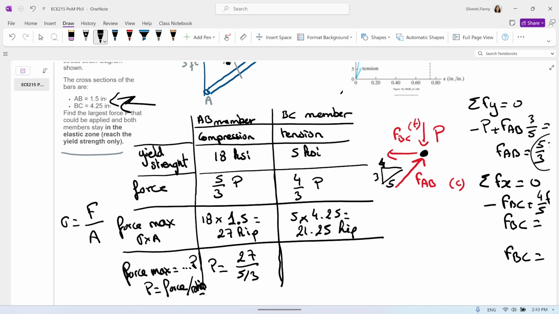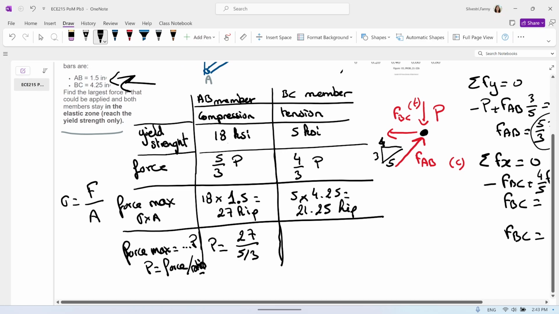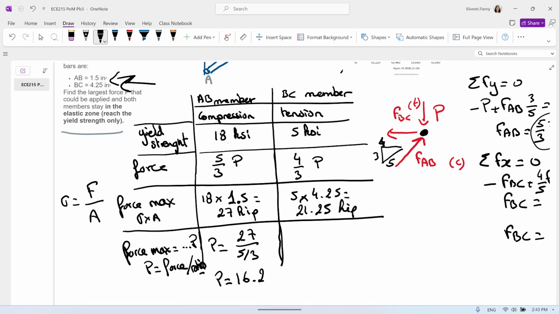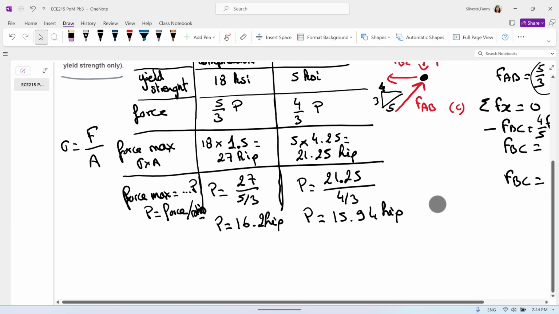That will make P max equal 16.2 kilopounds. And on this one, the force max will be 21.25 divided by the ratio 4/3. So P max is equal to 15.94 kilopounds.